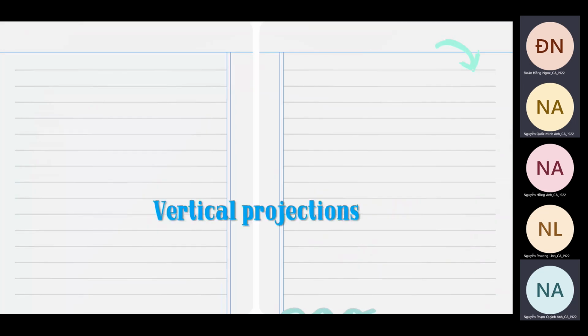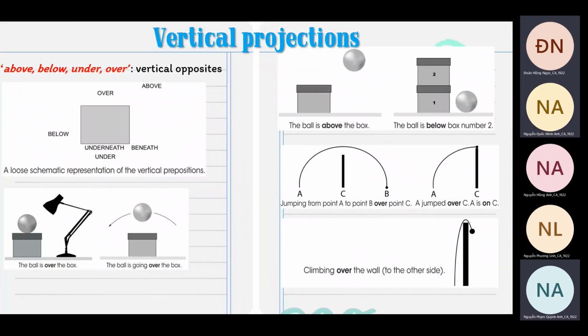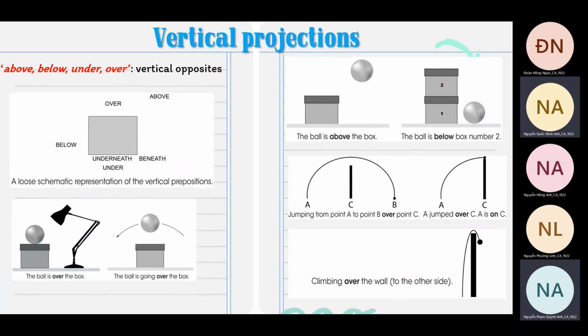So let's begin with the first word. Above, below, under, over are some vertical opposites, like we can see them in these 5 pictures.